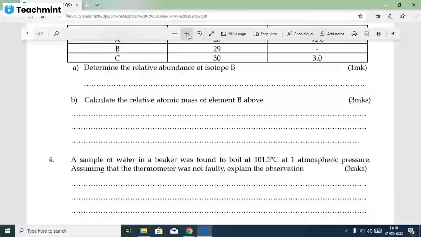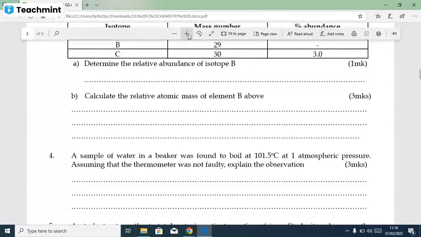A sample of water in a beaker is found to boil at 101.5 degrees Celsius at 1 atmospheric pressure. Assuming that the thermometer was not faulty, explain the observation. Correct.